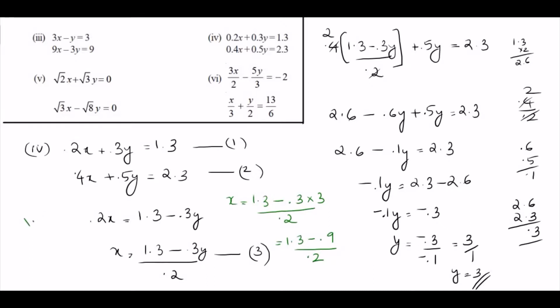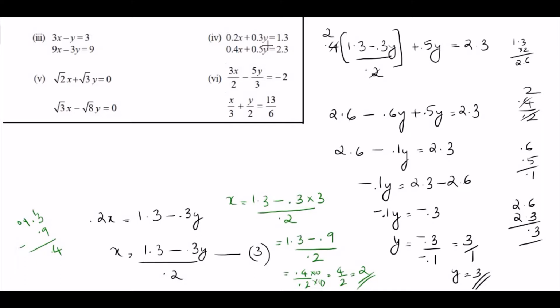So 1.3 minus 0.9 is 13 minus 9, which is 4. So 0.4. So you get 0.4 by 0.2. So first remove the decimals. Multiplying by 10, that is 4 by 2. So you get 2. So here the x value is 2 and the y value is 3.